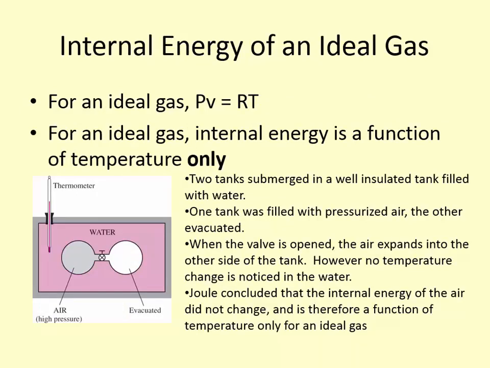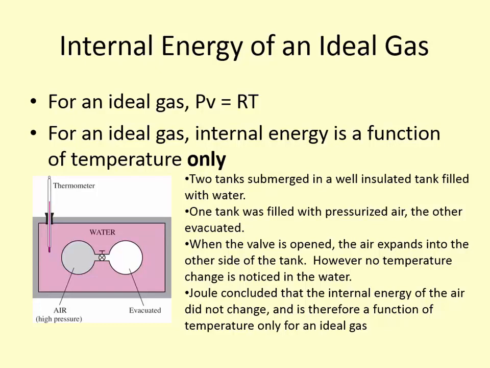There was an experiment conducted by Joule, I don't remember his first name at the moment, but he wanted to determine if this change in internal energy or this specific heat of an ideal gas was a function of temperature only. So he conducted an experiment where he put two tanks into a tank of water.